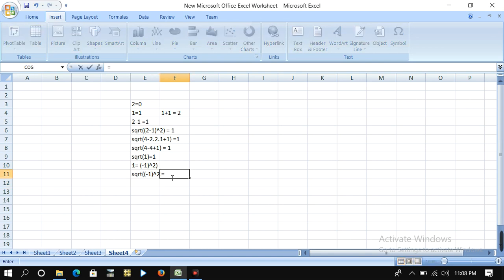Then the next step is, if the square root of minus 1 squared is equal to 1, this square will be cancelled by this square root, so we will have minus 1 alone. So minus 1 is equal to 1. In another way, it means 2 is equal to 0.